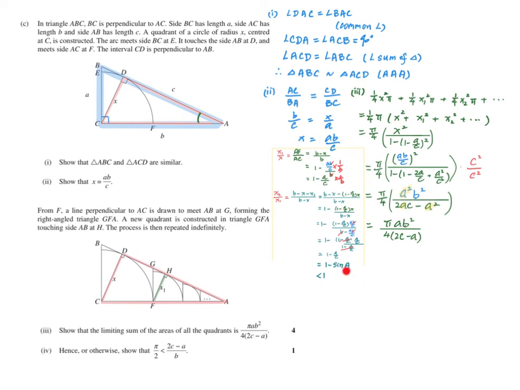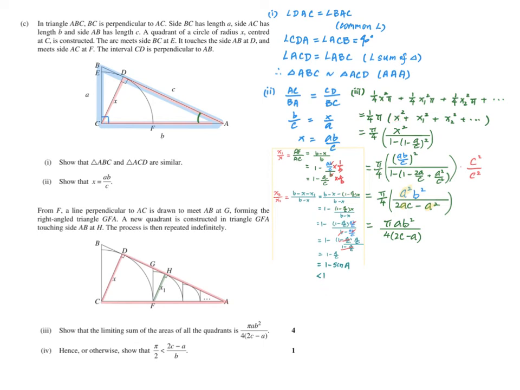So 1 minus sine a is 1 minus a positive number less than 1, so the difference must be always less than 1. The square of this 1 minus sine a should also be less than 1.